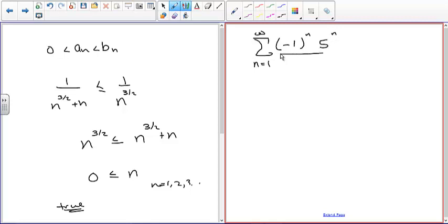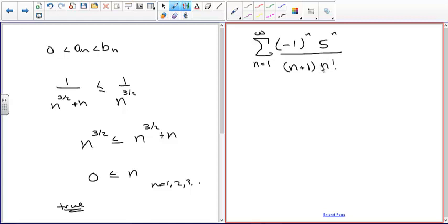And then there might be something involving n, or n plus 1, or n plus something. What else might you have? You could have a factorial or something like that in there. A lot of times factorials end up converging for all real numbers.